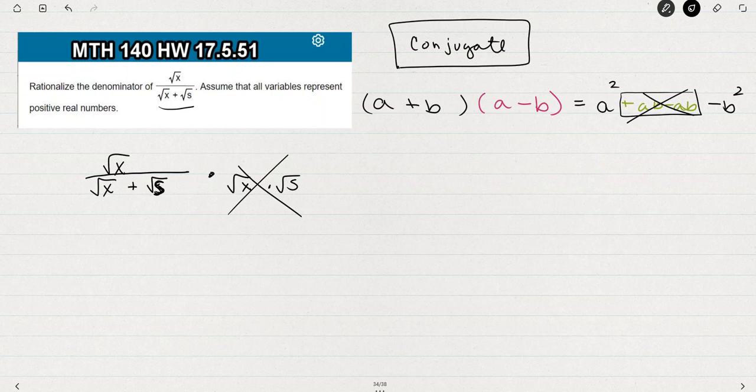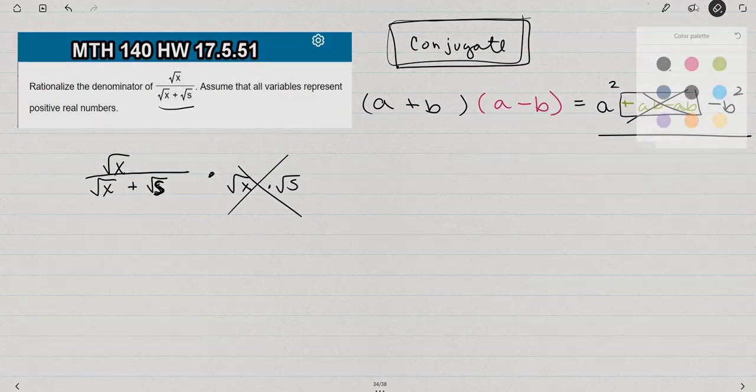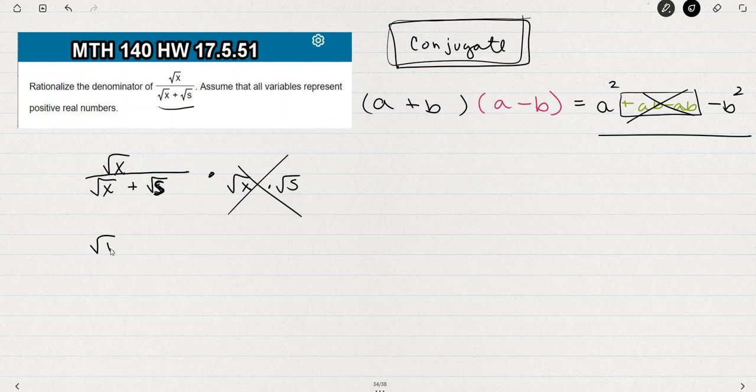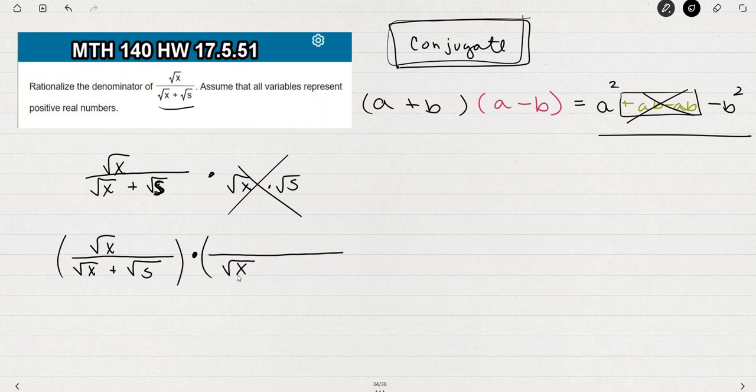So if I want to rationalize this denominator where the denominator is a sum, I'm going to multiply by the conjugate so that I can get this difference of two squares. So here's what it would look like. We have our square root of x over the square root of x plus the square root of s. And I'm going to multiply that by 1.